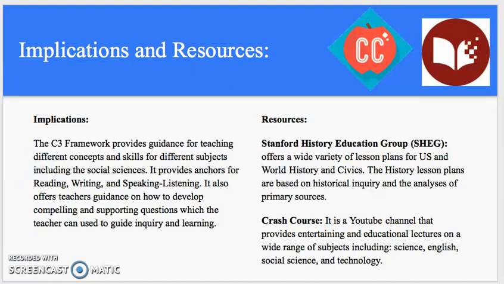When it comes to resources, we found that SHEG, the Stanford History Education Group, provides a variety of U.S. history and world history lesson plans, and they also have some civic lessons as well. Crash Course is also a useful tool that teachers can use since it provides educational lectures, and they're also entertaining.